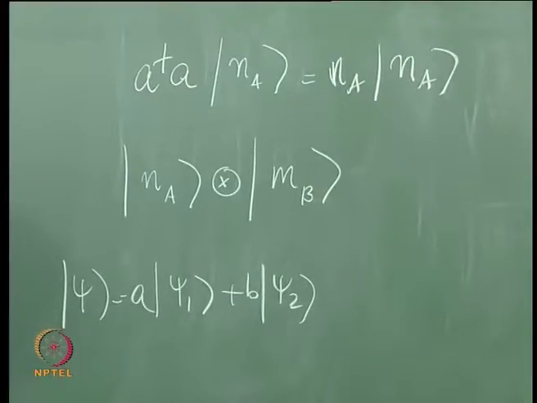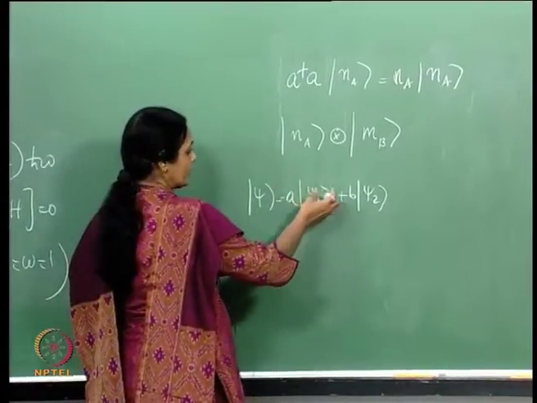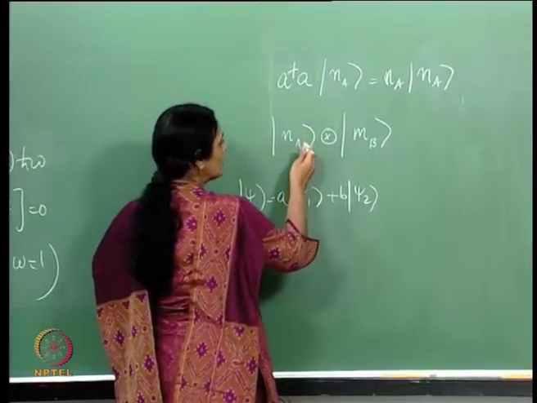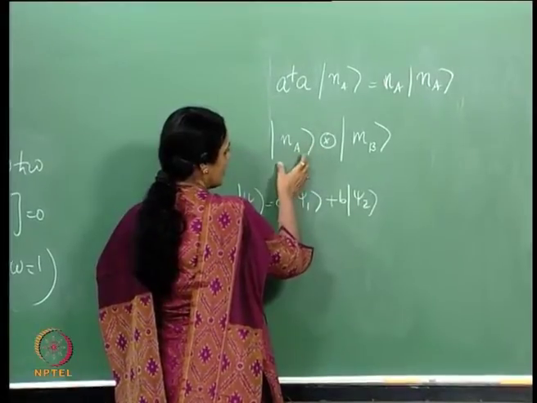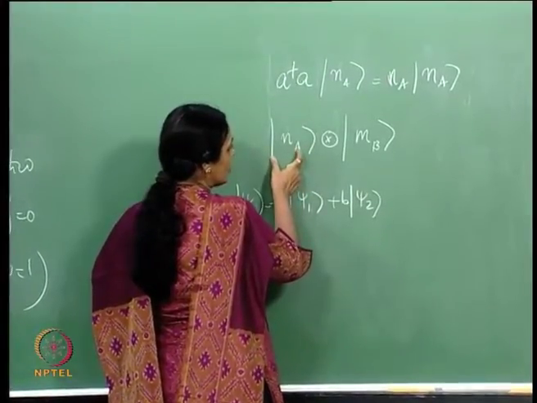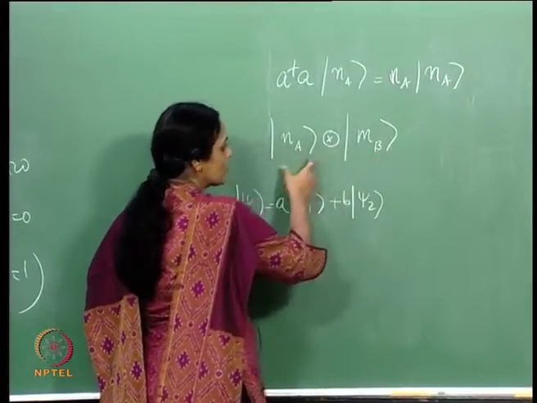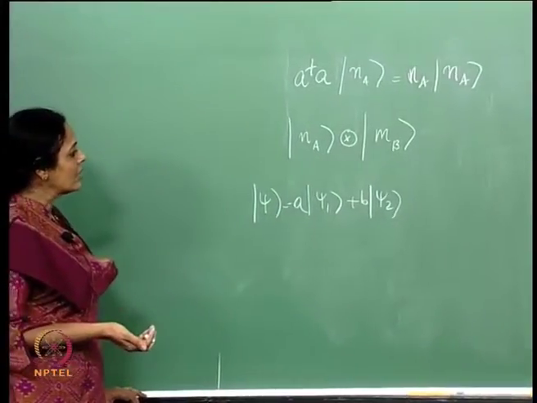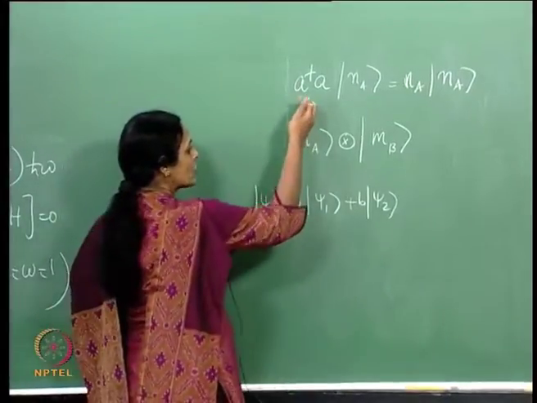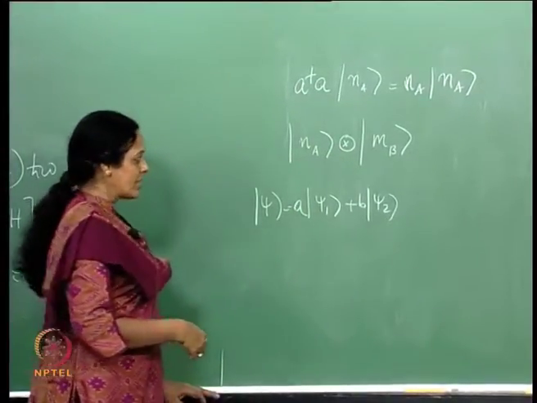Extending this and inspired by this, you could treat this as the postulate which says that the combined space has states which are tensor products of the subsystem's eigenstates. We have to clearly understand how exactly these operators act on these states.